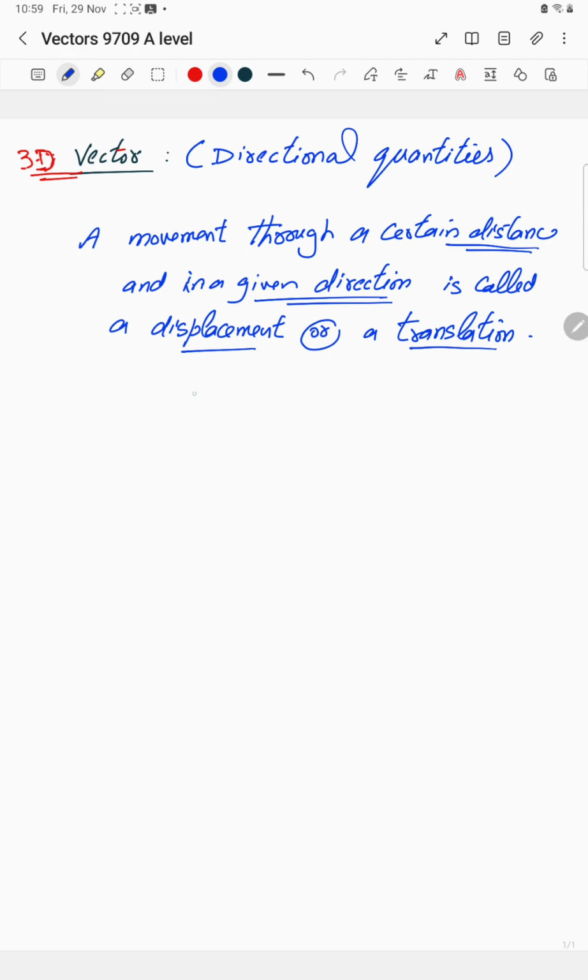For example, suppose a particle is lying on a plane. We are saying it's a three-dimensional plane, right? This is the point of origin where the three axes cross each other. Suppose this is the x coordinate, here the y coordinate, and here the z axis.